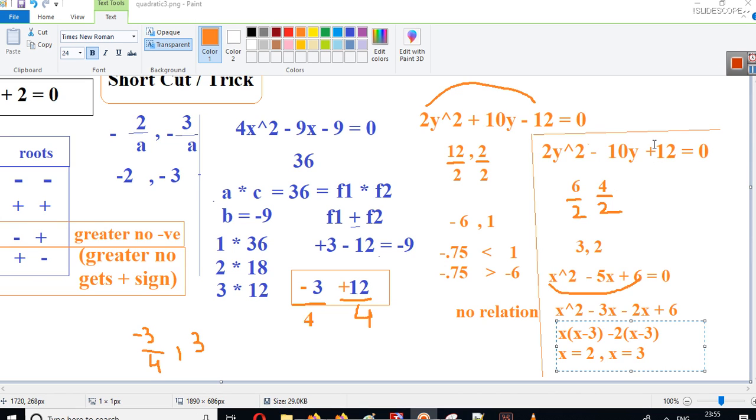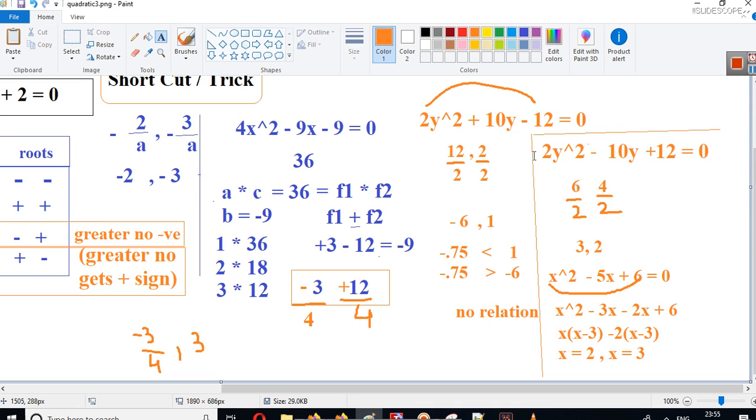So now when we have got these values, we can compare them with the above given values. So suppose you have to compare values of these two equations. In this case, look, we are getting 3 and 2, and in this case also we are getting 3 and 2. So the answer will not be x is equal to y.